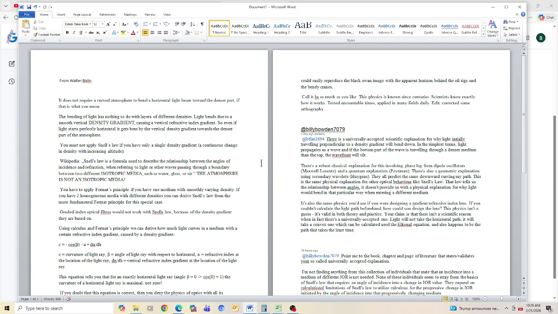The only thing I've mentioned is that any path of light that is traveling from one location to another is either going to experience a change in density along that path, or it's not. If it changes along that path, it will refract.